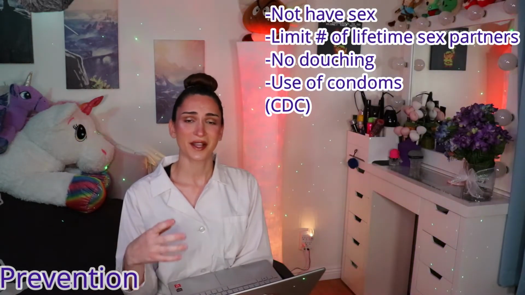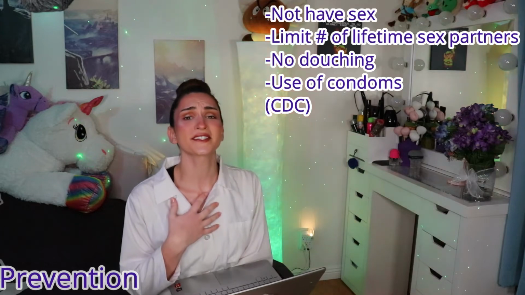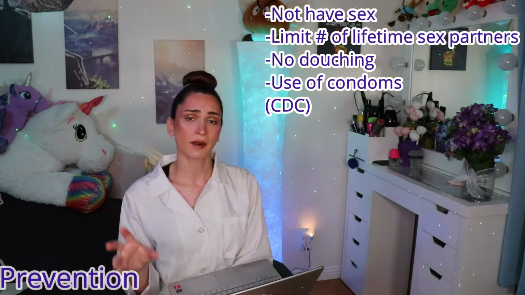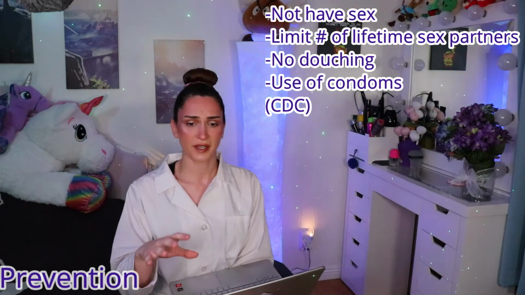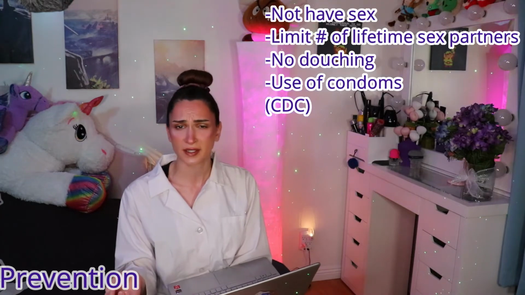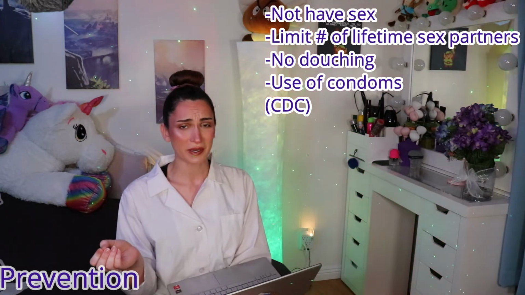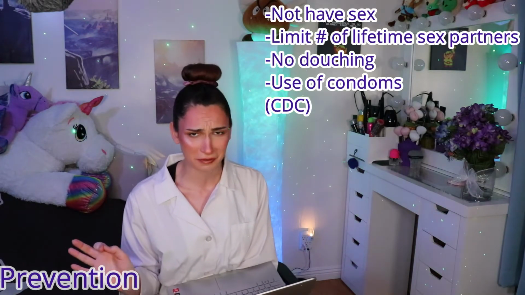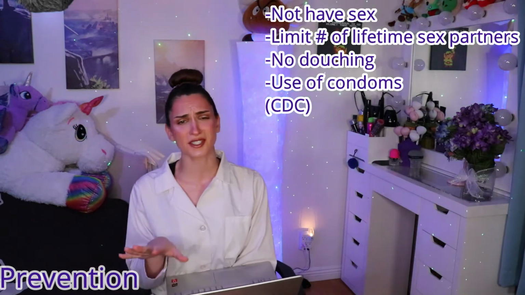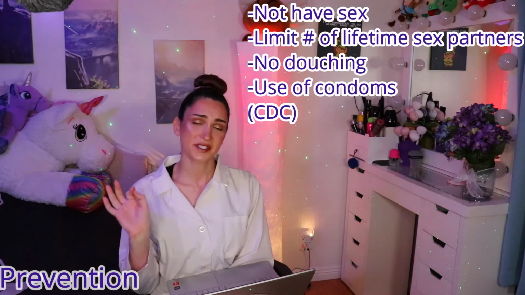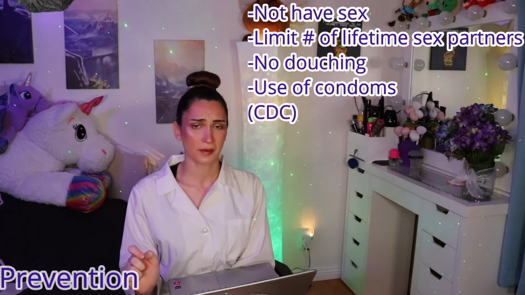Aside from what maybe a lot of people might think, like, oh, this is cleansing me or making me feel more fresh, it's actually really harmful for your body and for the natural bacteria that does exist within your vagina. You could maybe do it as like a one-time emergency type of thing if you're just really not feeling that fresh, but baby, we just need to stay away from doing stuff like that, okay? And then using condoms the right way every time you have sex.